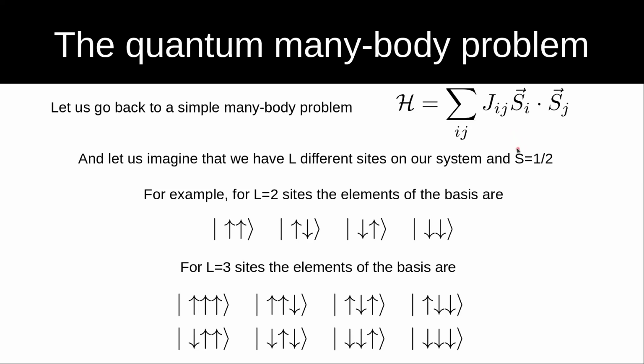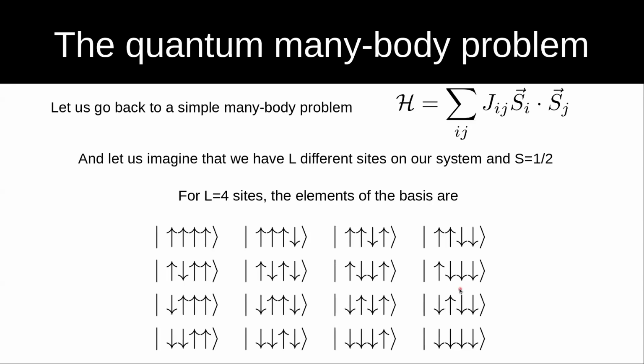If you start now adding an additional site, so now you consider that you have 3 sites, then your Hilbert space actually increases. You have up, up, up, up, up, down, and so forth. So instead of having 4 states, now you have 8 states. Just by adding an additional site to your model, the number of states became twice what it was before.